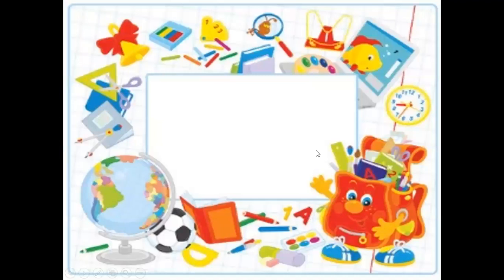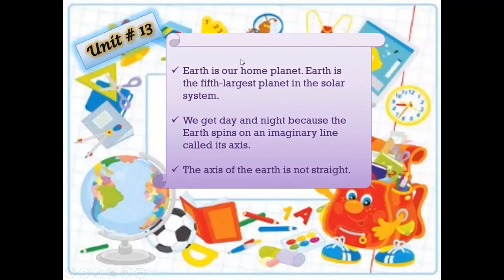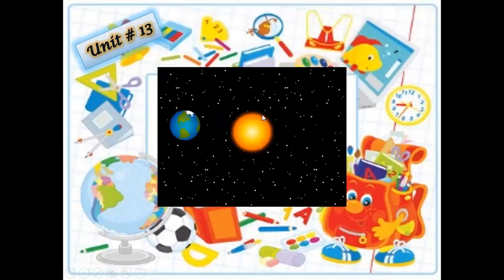So students, now we should recap what we read in this lesson. First of all, we read about the Earth, that is our home planet. Earth is the fifth largest planet in the solar system. We get day and night because Earth spins on an imaginary line called its axis. The axis of the Earth is not straight, it's slightly tilted. And what is the revolution, students?